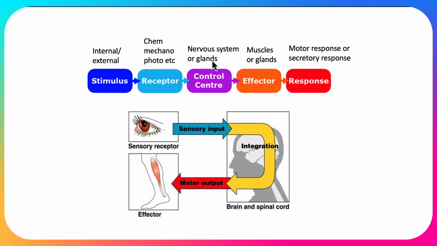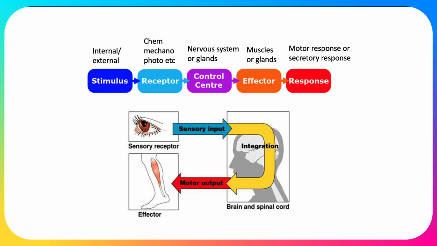The control center could be the nervous system or glands. The effectors can only be muscles or glands. And then we can have two different types of response. A motor response, like shivering, or contracting the blood vessels, or a secretory response, like excreting sweat. Okay, and so that is the introduction to homeostasis and how we maintain it.